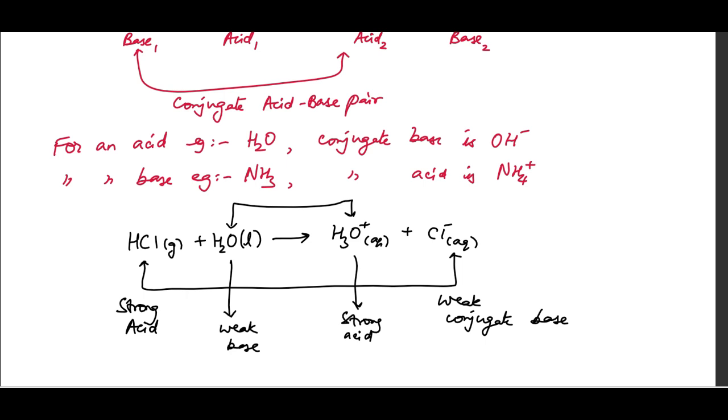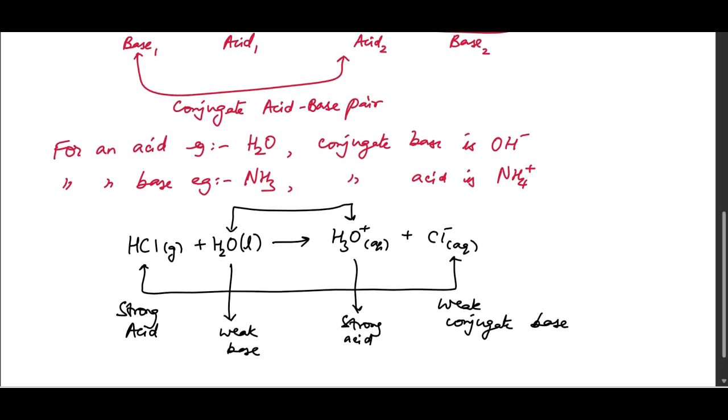We have seen that if the original acid is strong, its conjugate base will be weak. If the base is strong, its conjugate acid will be weak. And if the acid is weak, the conjugate base will be strong. If the base is weak, the conjugate acid will be strong.